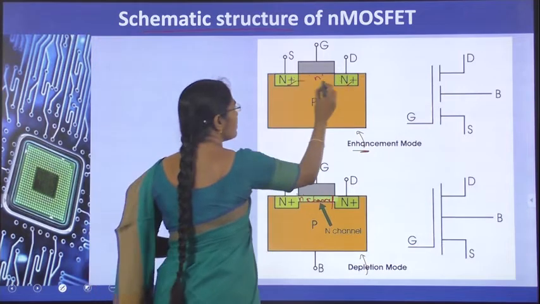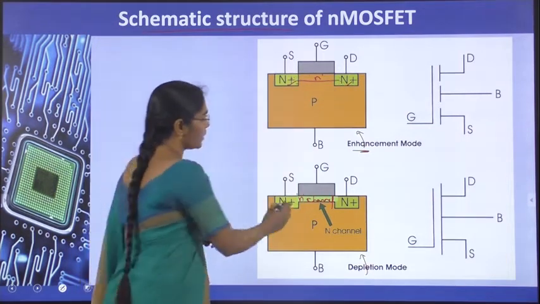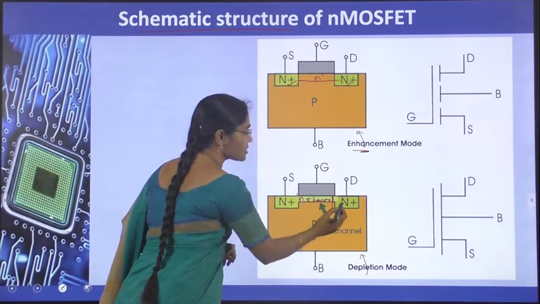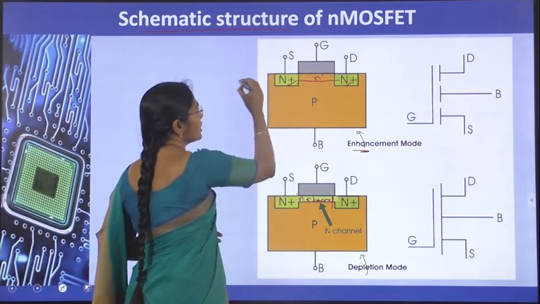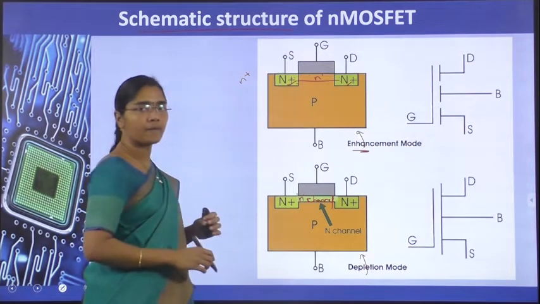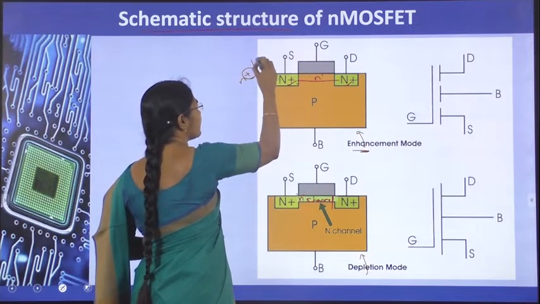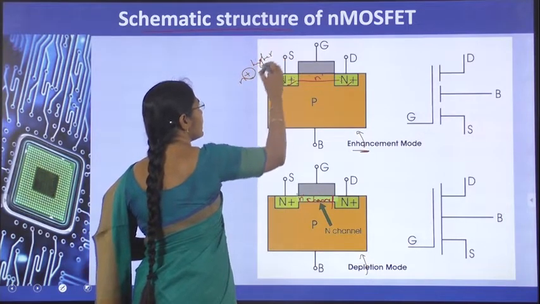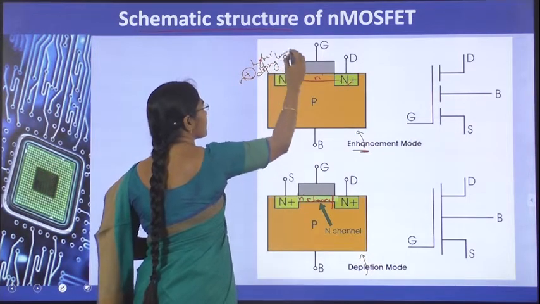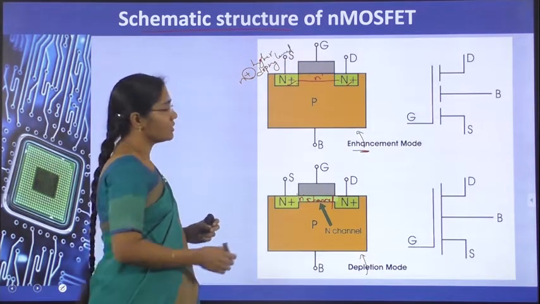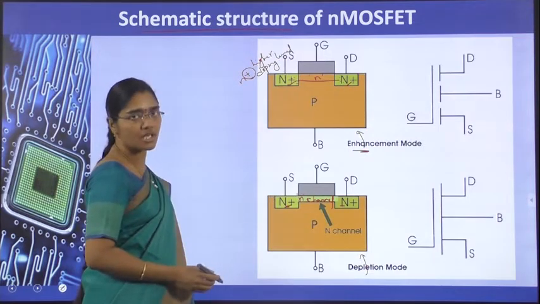So N channel means both source and drain have to be N. So in NMOS, source and drain are N plus. This plus represents a higher doping level when compared to the channel part.